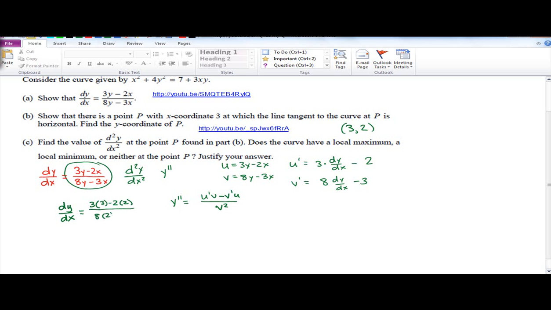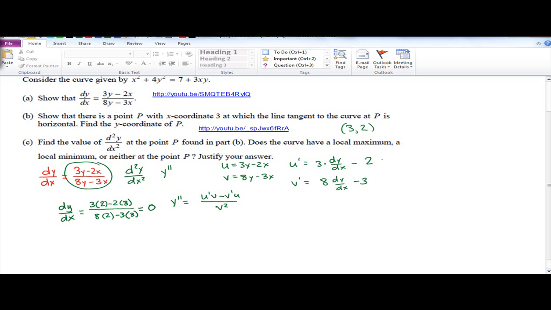Let's see. This is 2. 3 times y is going to be 2 minus 2 times 3. Here minus 3 times an x coordinate of 3. Well, it turns out that 3 times 2 minus 2 times 3 is just going to be 0. So everywhere I see a dy dx, I can use 0.